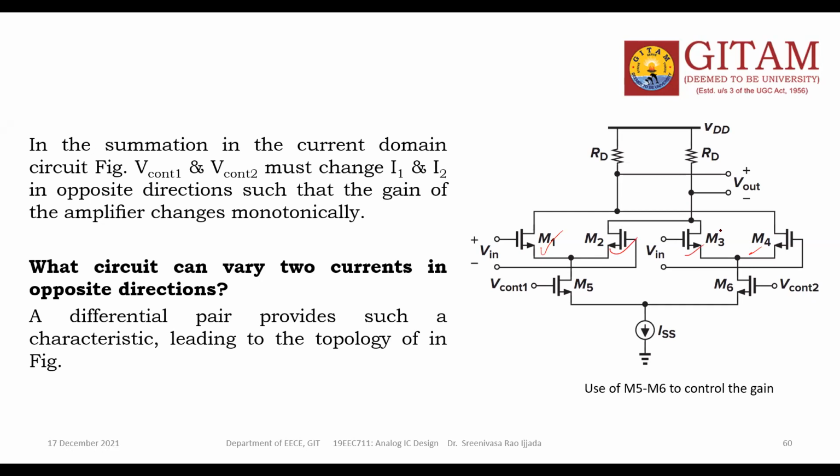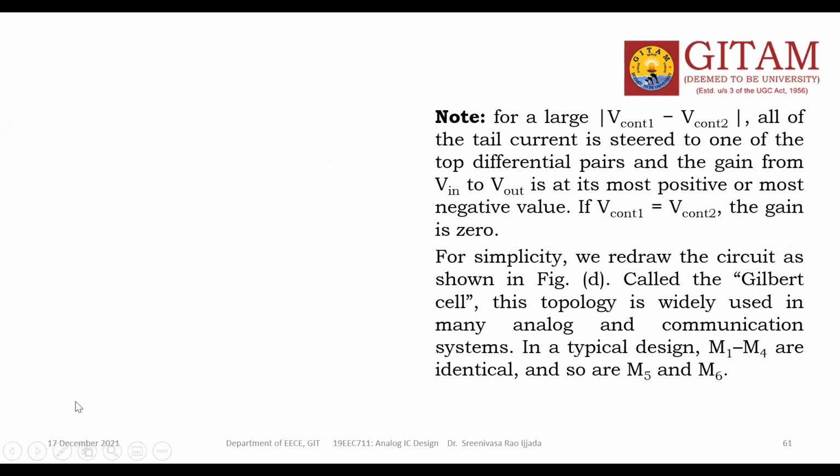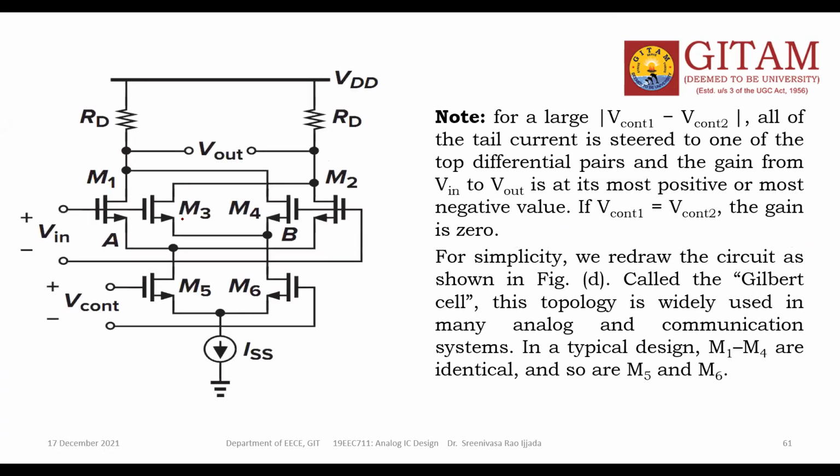Both the gates for this and for that can be tied and the same input applied. So you can get like this. M1, M3, M4, M2 are joined like this, and the rest of things are the same.